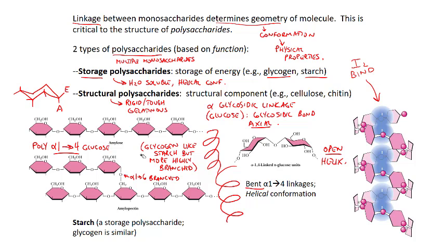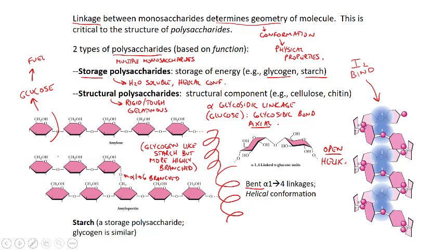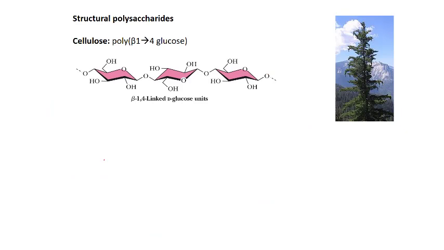The function of both starch and glycogen is that the glucoses can be cut off the ends and used as a fuel source, like we saw in epinephrine signaling, in which glucose is released from the end of glycogen, one sugar at a time, so that the cell has sugar it can use as food.